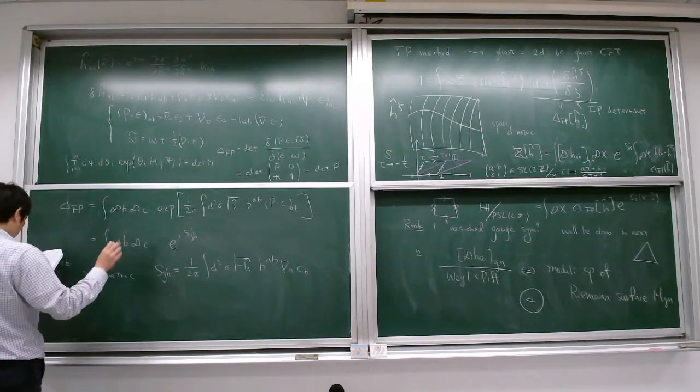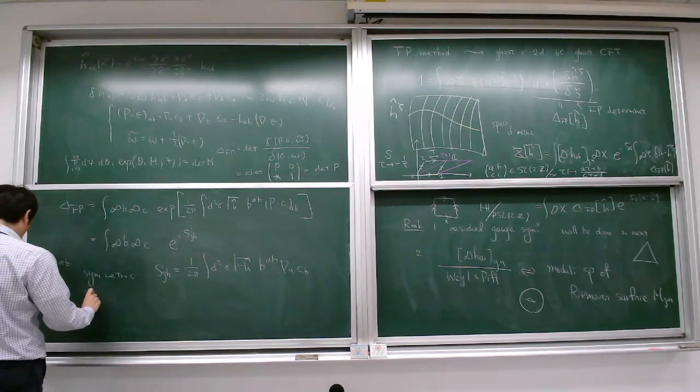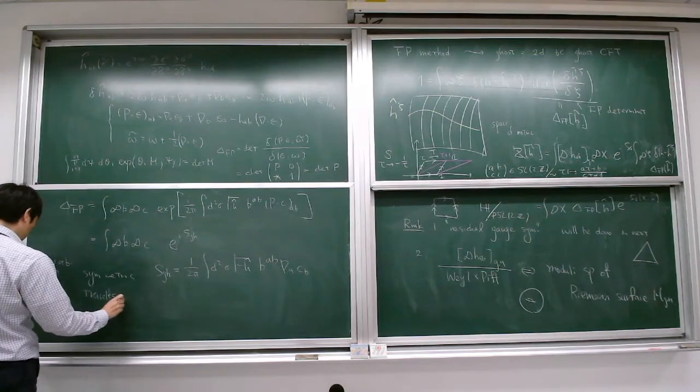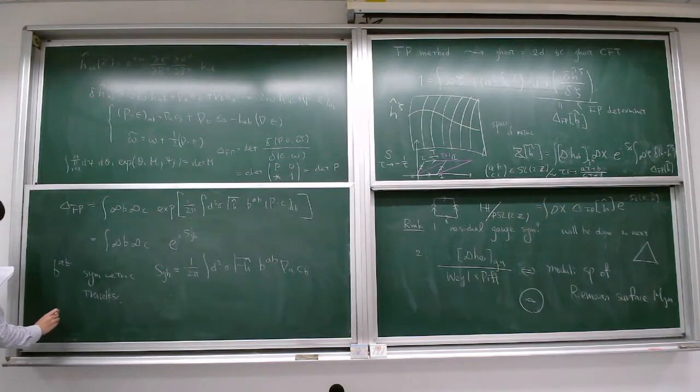So the anti-commuting Fermi degrees are symmetric and traceless. And C is just a vector. C^A is just a vector. Okay, so that's how you introduce the Faddeev-Popov ghost to fix the gauge.